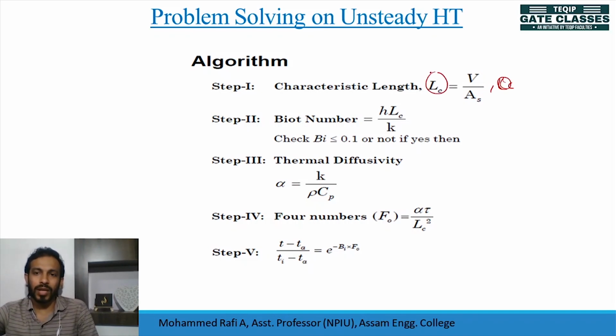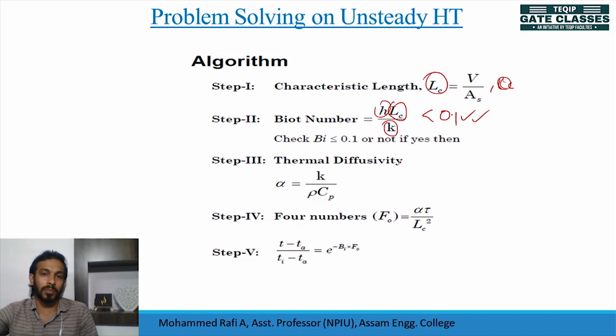Once you know Lc, you can find out the Biot number, because h and k will already be given in the question. If this value is less than 0.1, then only you will proceed with the lumped heat capacity analysis. If it is greater than 0.1, you cannot use the lumped heat capacity analysis. There are other complex equations to deal with that.